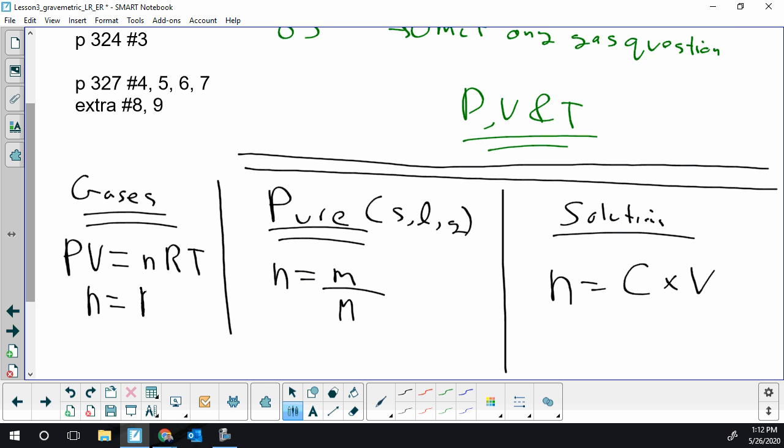So moles is PV over RT. But I'm not going to go through and try to do a quick demo of these. We're just going to skip using that. So you're just going to get tested on pure substances and solutions, of which I haven't assigned solution stuff yet.